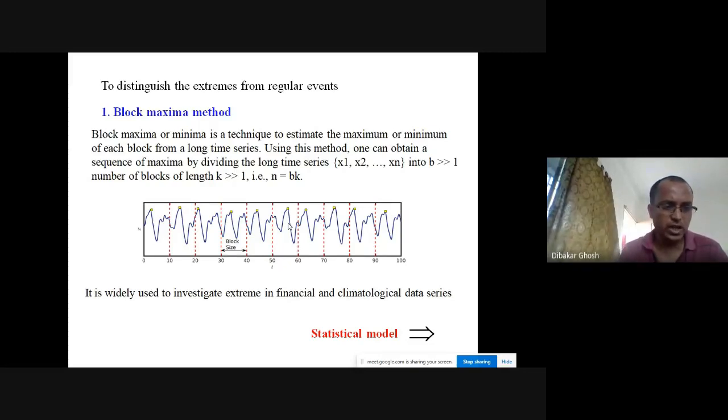To construct a statistical model using this block maxima approach, for a climatology model, the maximum temperature in a year is a natural and common choice of block length. If we first collect these extremes, then we want to fit them using some statistical model.